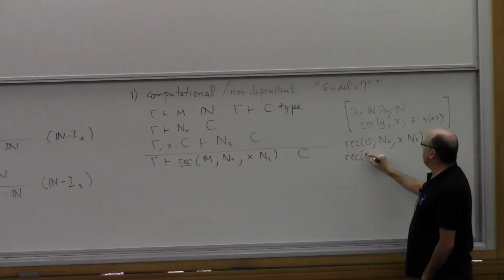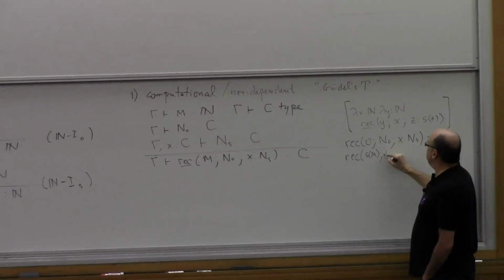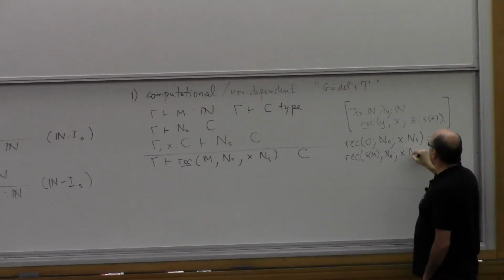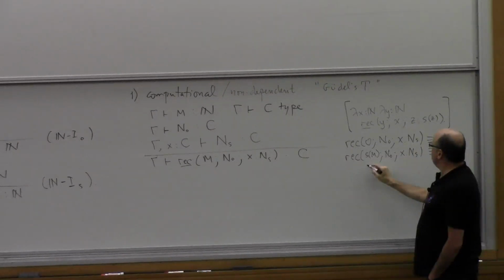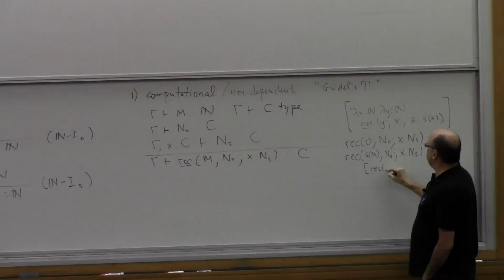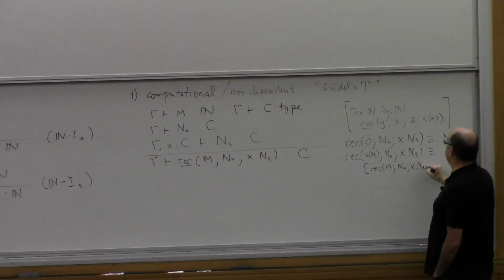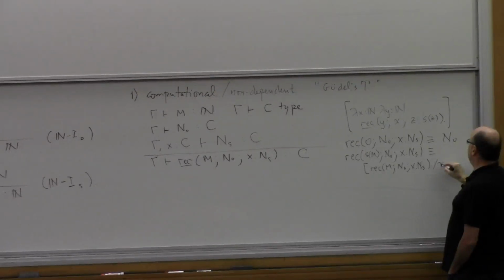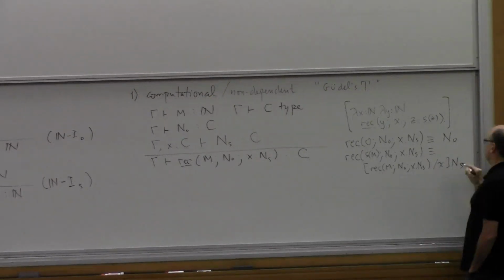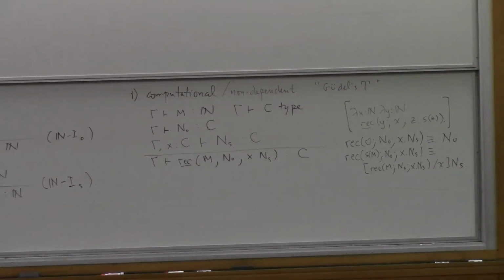And if you want to iterate it one more than m times, then what do you do? You plug in the iteration. The inductive hypothesis is run it m times, plug that in for x in ns. So those are the definitional equivalences that we will need.